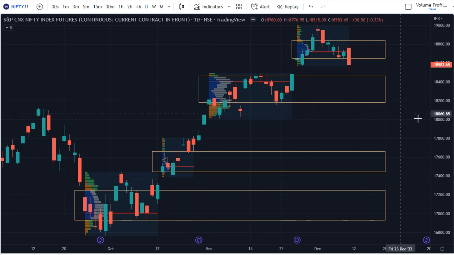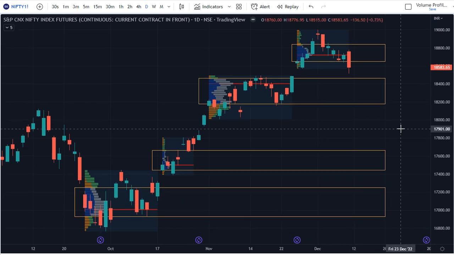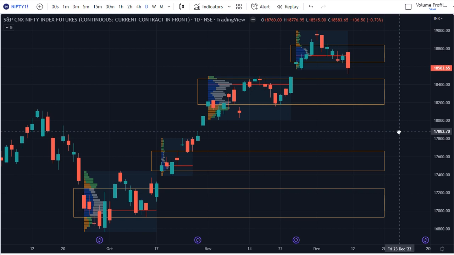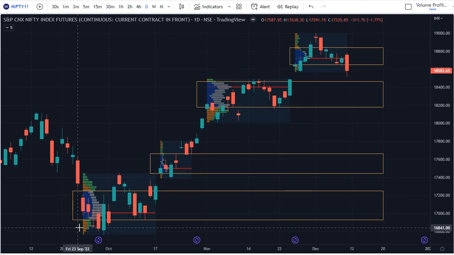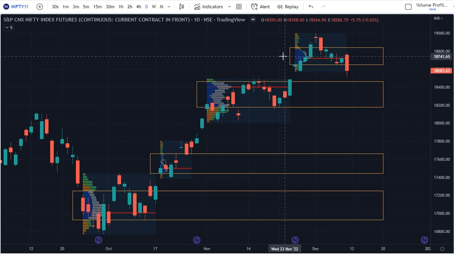We have 4 value areas within this period, and we've seen a consistent rise in the Nifty from the 16,840 levels to a high of 18,993, close shy of 19,000.